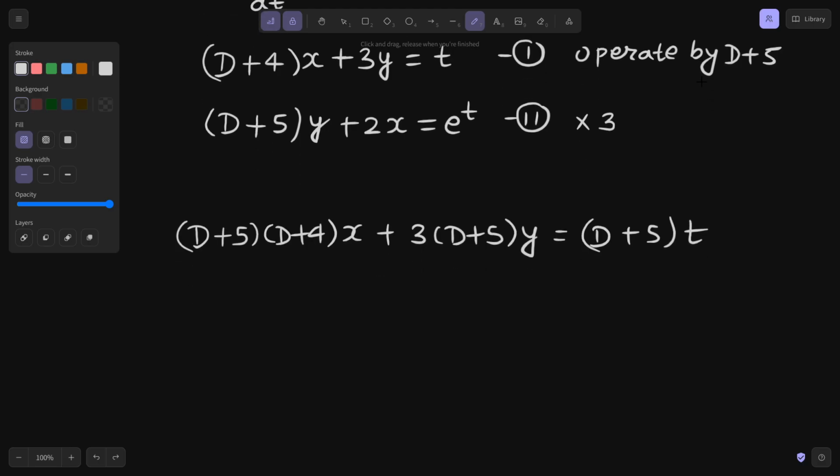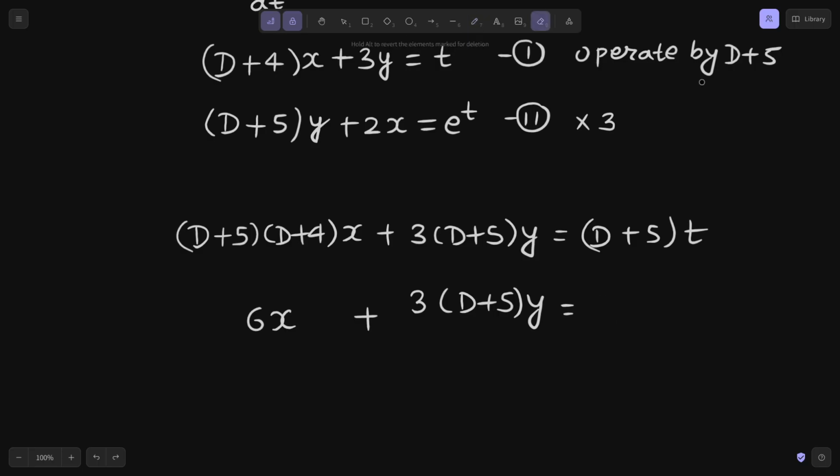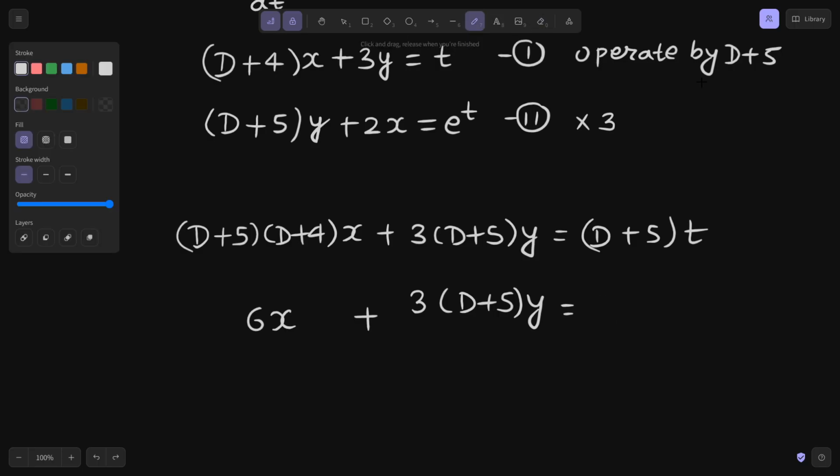In the second equation I am just multiplying by 3, so better to write it below this. So 3 times D plus 5 y, and I am writing 6x here below this, equals 3 times e power t.